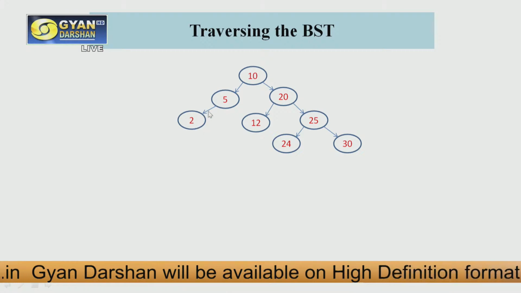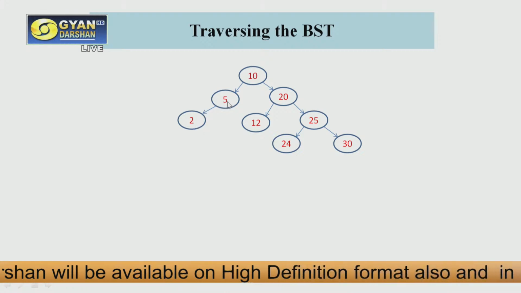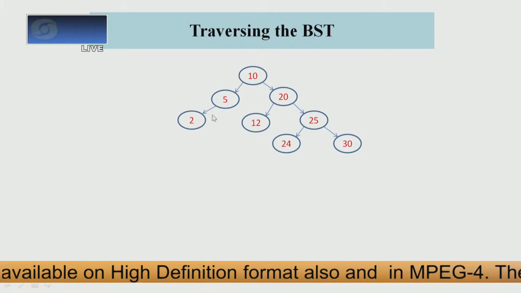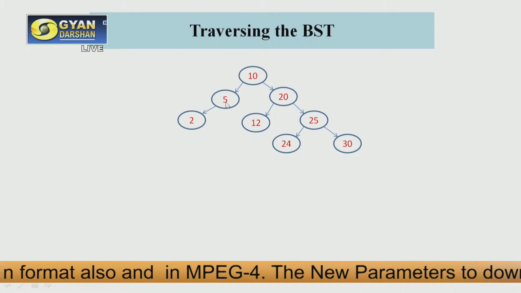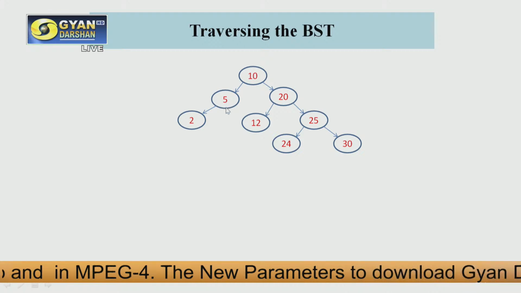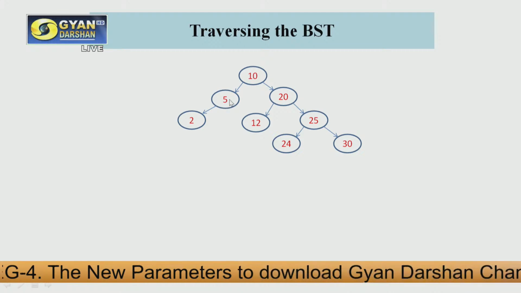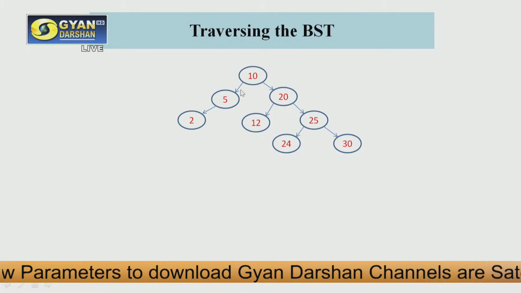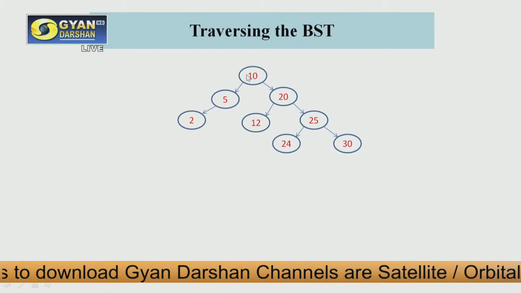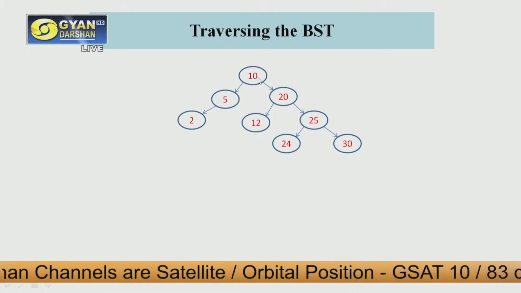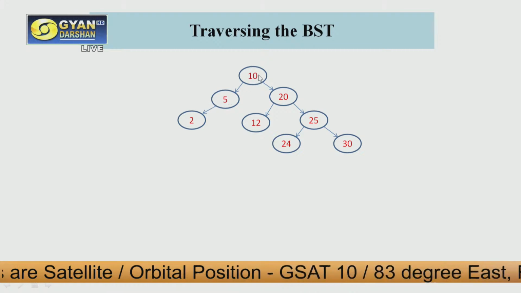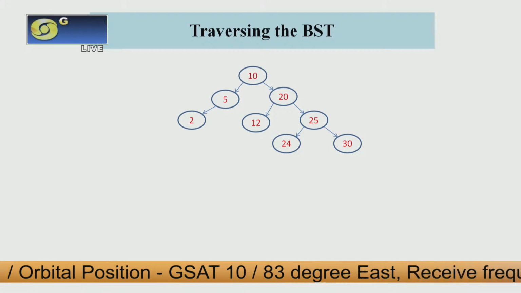Then we will print 5. So first 2, then 5. Because there is no right subtree of 5, we will go one level up and print 10. So 2, 5, 10, and then all the left subtree of 10 is traversed.